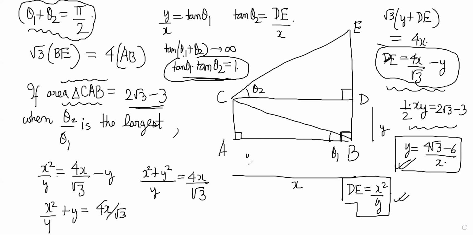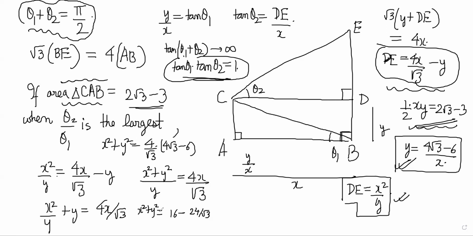We have the value of xy. Half xy equals 2 root 3 minus 3 here. So x squared plus y squared by xy is equal to 4 by root 3, into xy, which is 2 root 3 minus 6. This becomes 16 minus 24 by root 3 is x squared plus y squared.